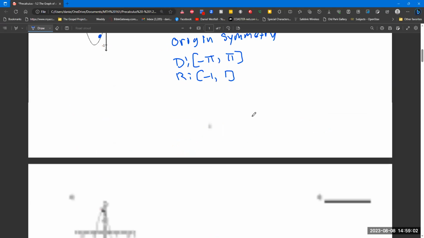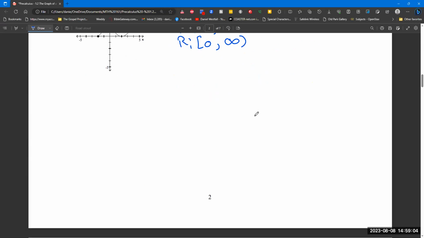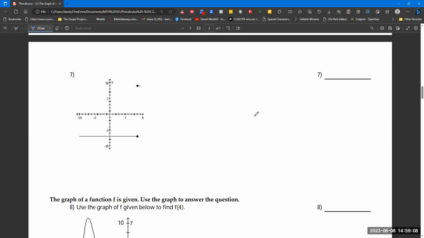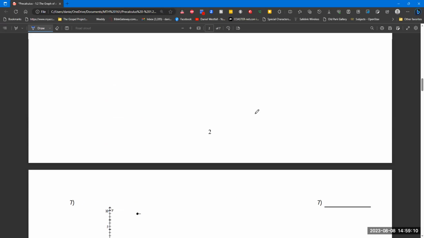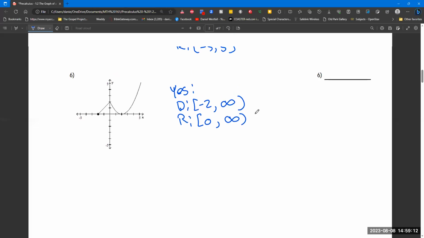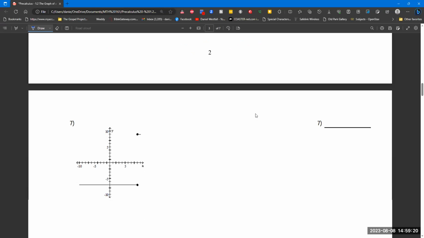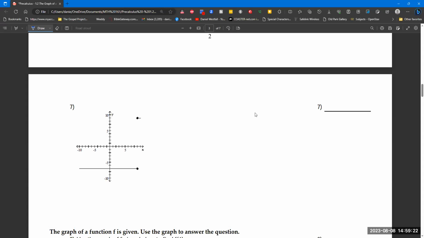All right. Let's see if there's any types of symmetry up here. No, no symmetry. And this one, you got to be careful because there's a dot over top of a dot.